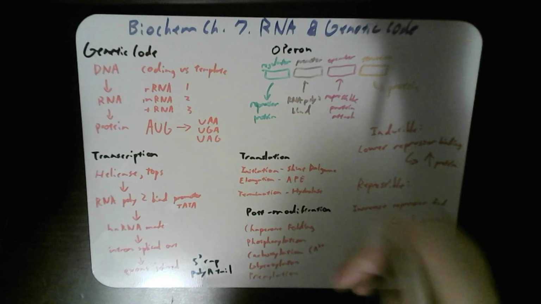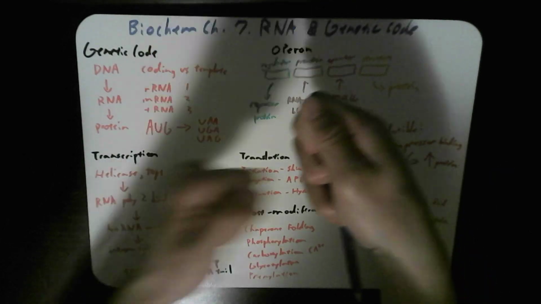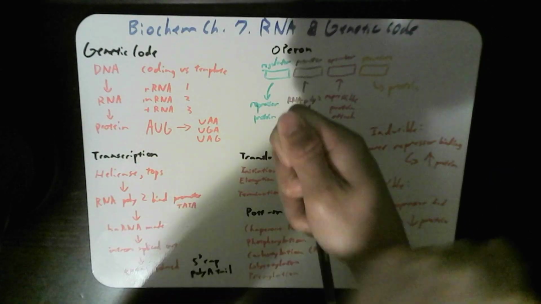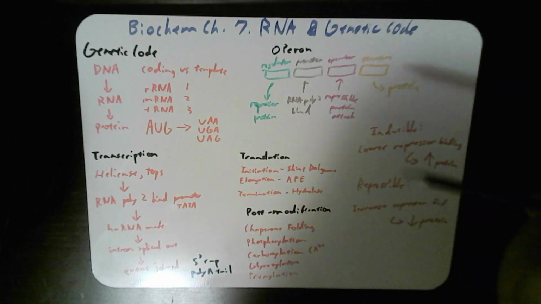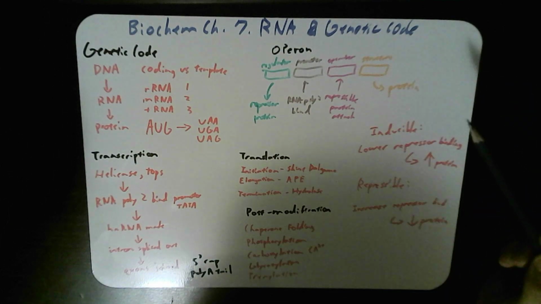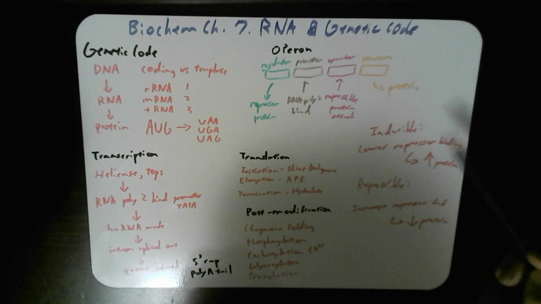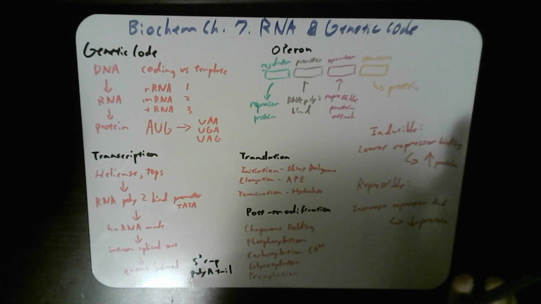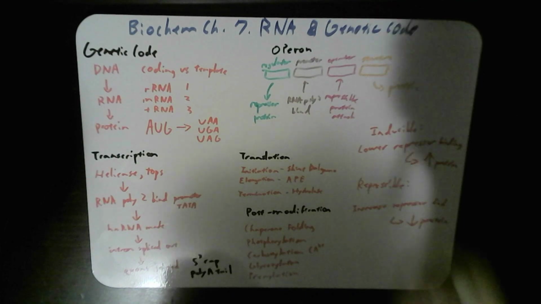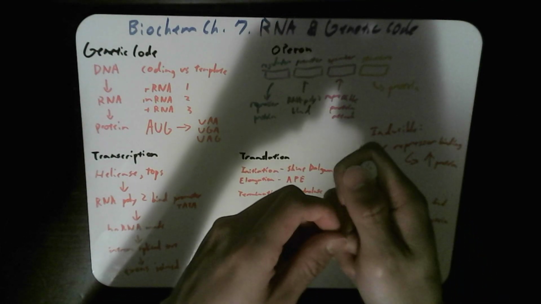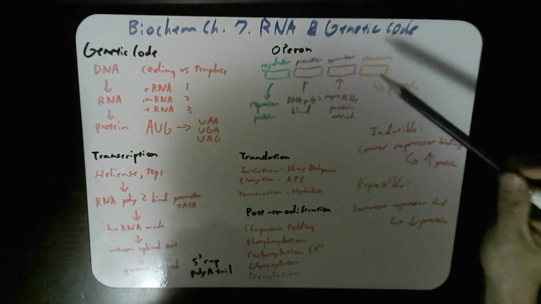Because it's physically stuck there as a repressor, and the RNA polymerase can't get past it to interact with the structural component. However, in an inducible system, there could be certain molecules that come in and bind to the repressor and remove it from attaching to the operator.